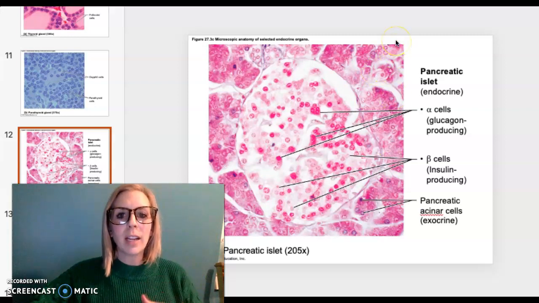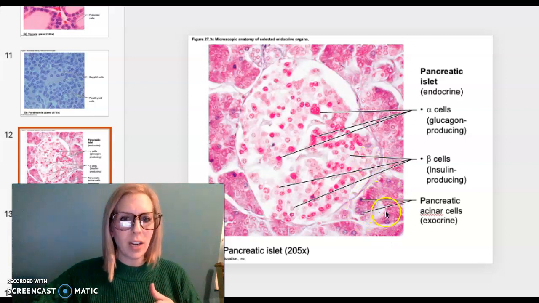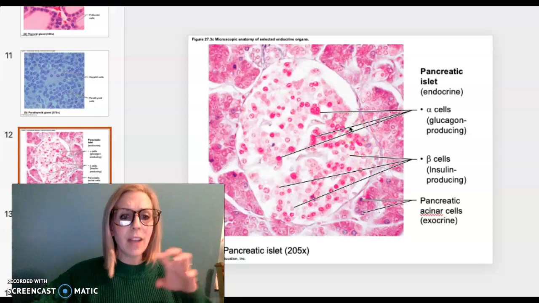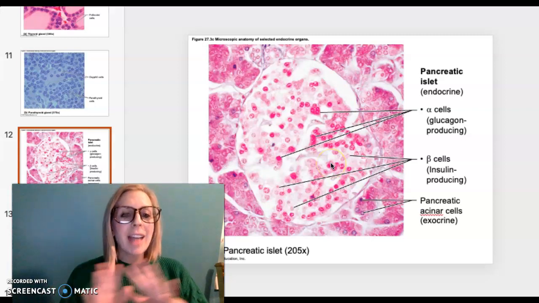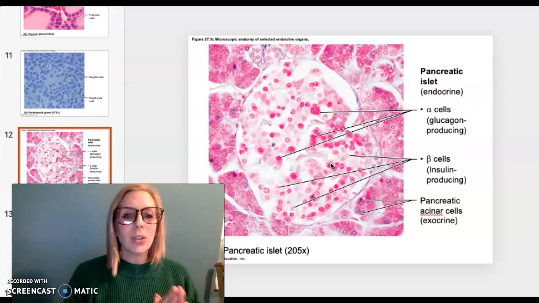Now the pancreatic acinar cells are going to be the exocrine area. Okay, this islet is going to be the endocrine area, and this islet is going to be responsible for producing glucagon and insulin. Okay, so this is where we have our diabetes sort of disorders coming into play here.